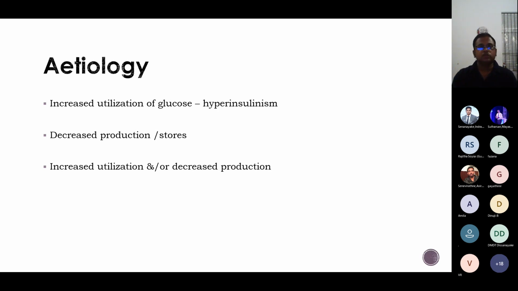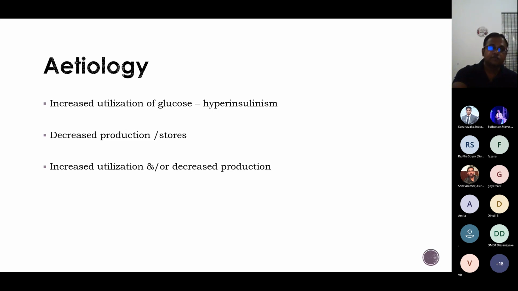One is due to increased utilization of glucose or hyperinsulinism, or because of decreased production or stores, as in a child with IUGR or preterm baby. Or then there's other categories where there's a mixture of increased utilization plus decreased production.